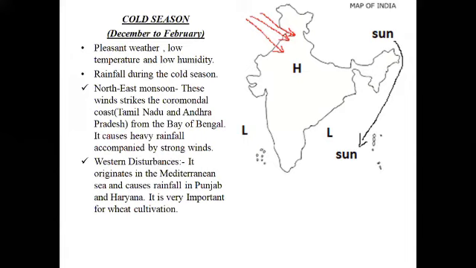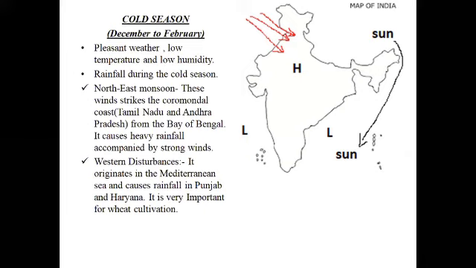Hence they have to move somewhere else, and due to this, they are forced to blow via the Indo-Gangetic plain towards the Bay of Bengal.